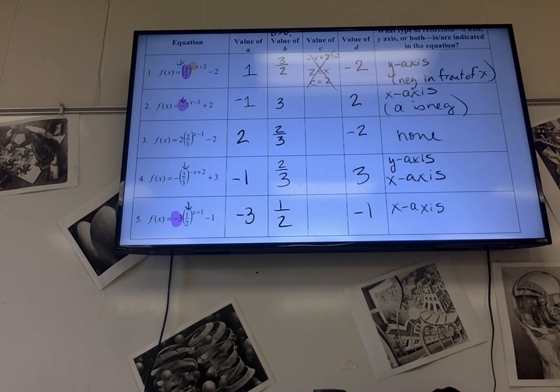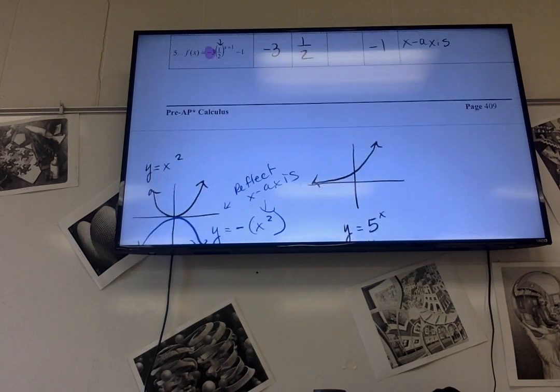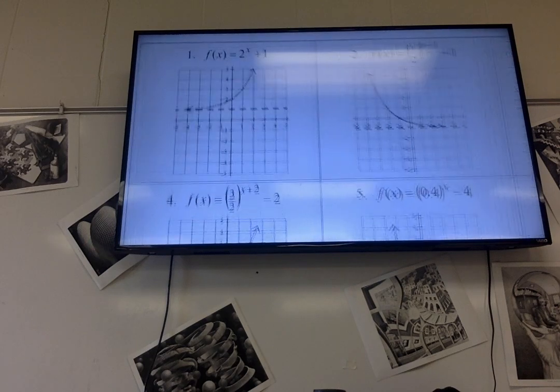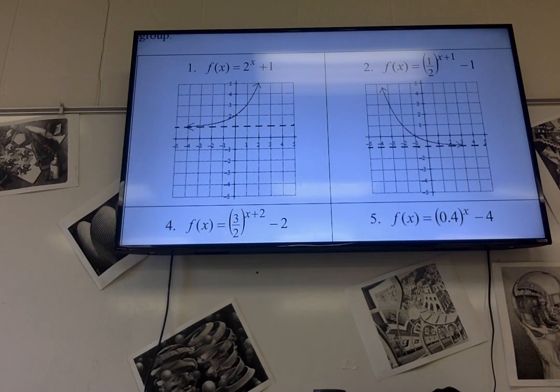On the back of this page, on page 410, we're going to look at these graphs and tell, if we read them from left to right, whether they're growth, which means they increase, or whether they're decay, which means they decrease. I'll help you with the first 2. Growth. Yeah.